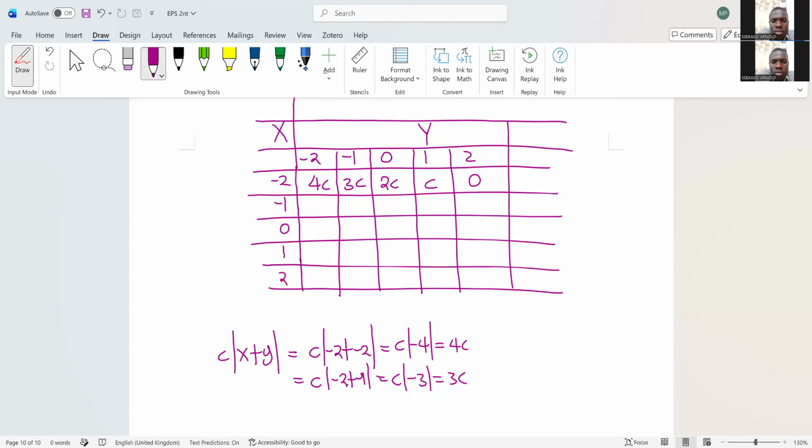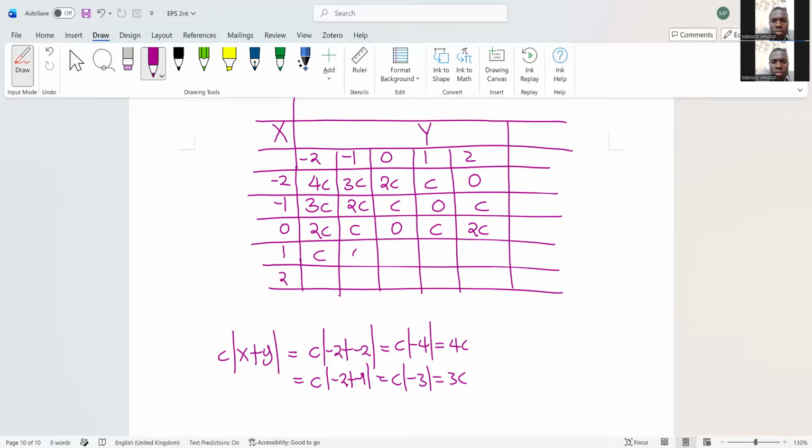Same thing here, I add and then take the absolute. Therefore, this will be 3C, this will be 2C, this will be C, this will be 0, this will be C. Similarly, here we shall have 2C, C, 0, C, 2C.